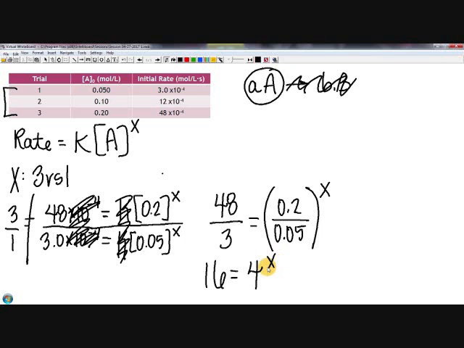I don't know how to do this on your calculator, but I just think about it logically, right? So we can start with the power of 0. What is something to the power of 0? What's that answer? 1. Anything to the power of 0 is 1. Well, that's not the case here. What if x was equal to 1? 4 to the first power, is that 16? No. What about 2? 4 squared is 16. So that means that x is equal to 2.